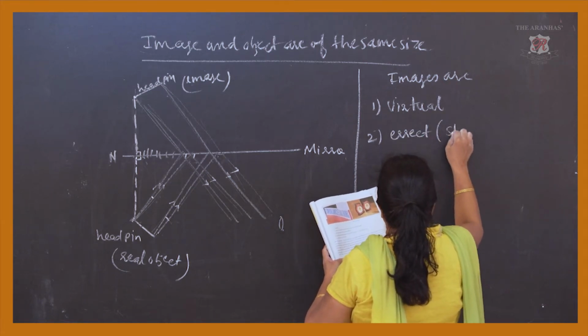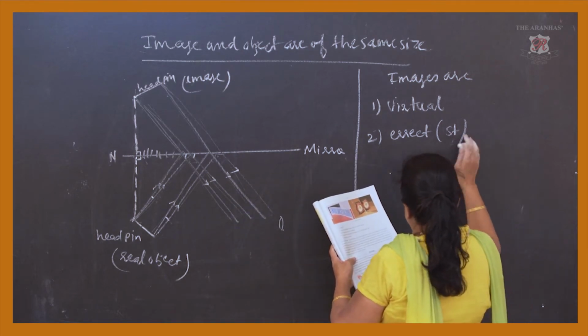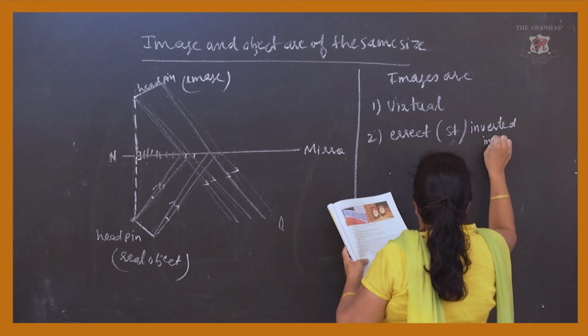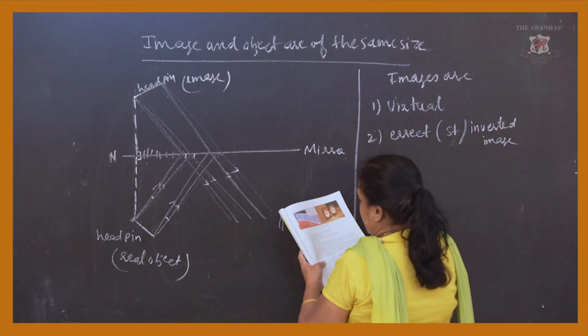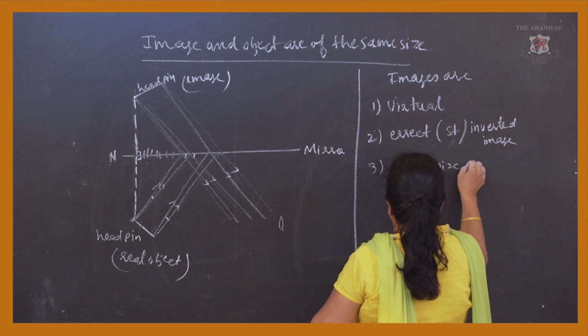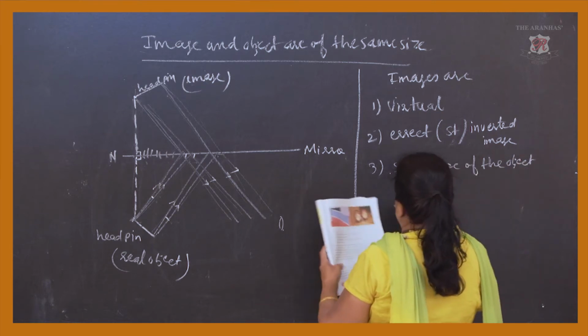Erect means straight, or we can call it straight but inverted. Third, same size as the object.